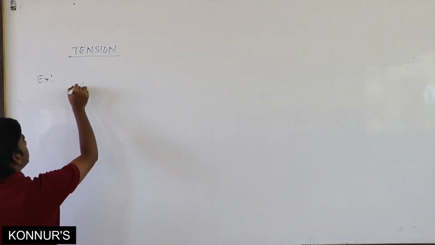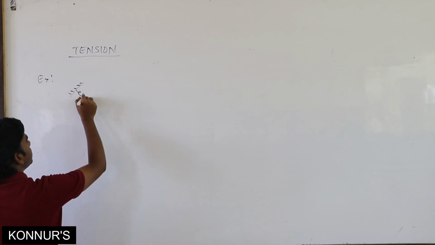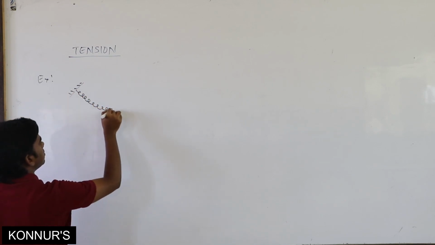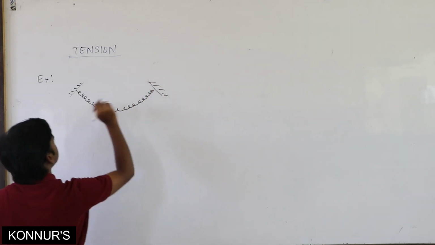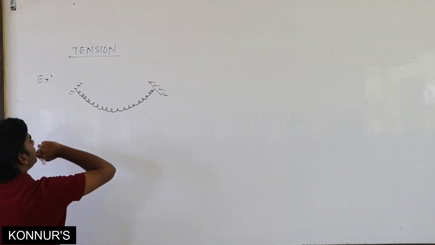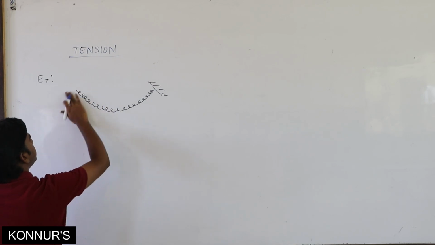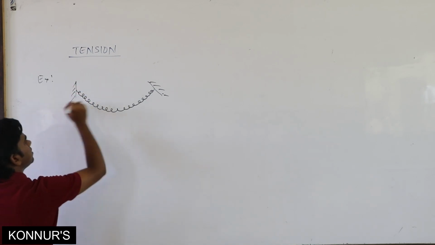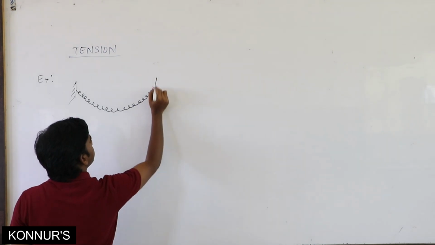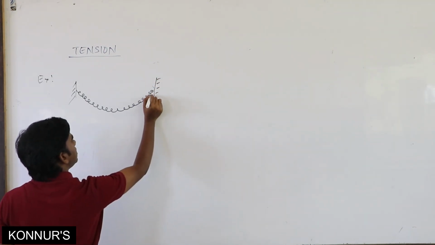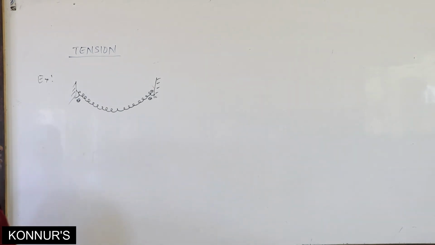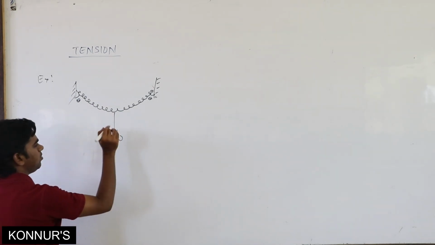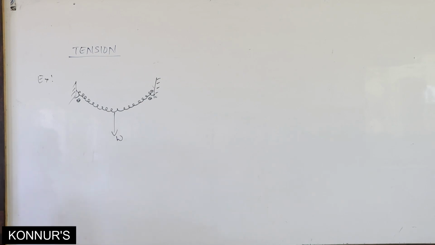Suppose there is a rigid support and a chain is connected like this, and this is another rigid support. If it is making some angle theta here and here, and the weight of the chain is W, what will be the tension acting?